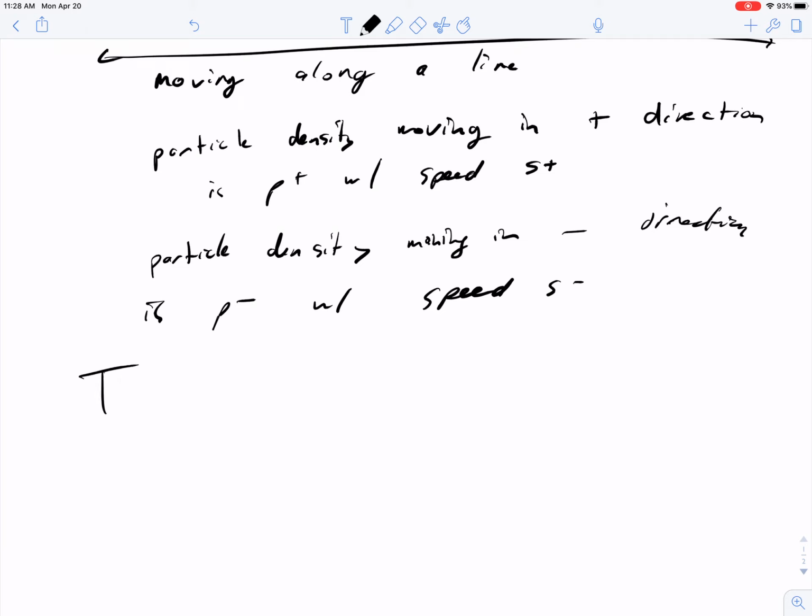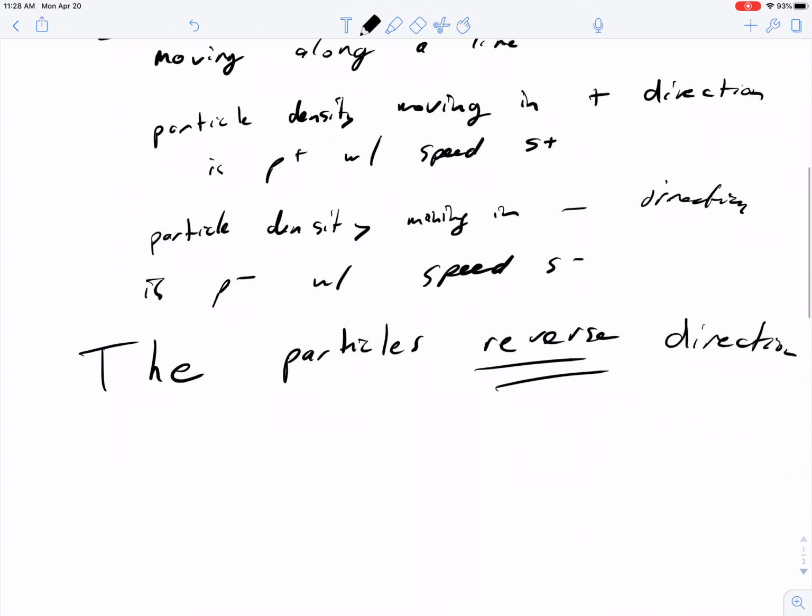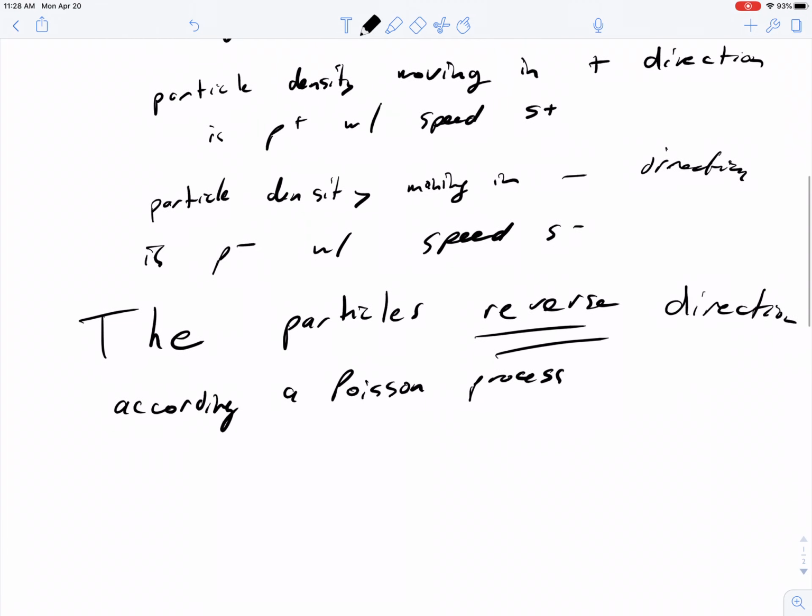One thing that's important to understand about this process is that the particles that are moving around with these speeds can reverse direction with a certain rate. And this is according to a Poisson process. Okay, memoryless, lambda plus and lambda minus.